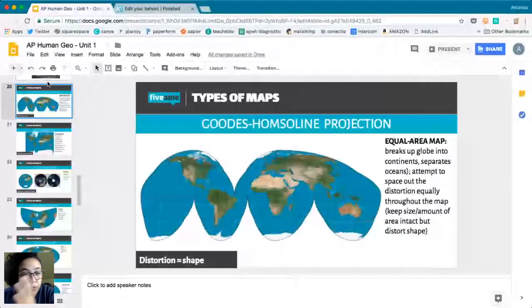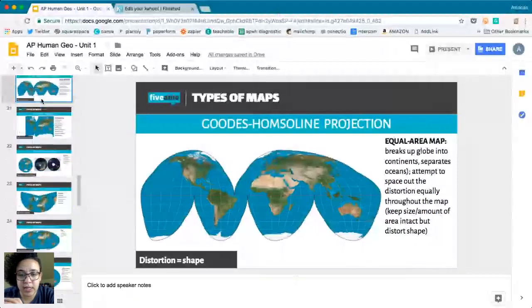So this first one, I'm just going to cut through the projections. This is the Goode's homolosine projection. It's equal area. The thing about projections is that every map is distorted, and that's an issue. No map is exactly correct. Every type of map is distorting something.